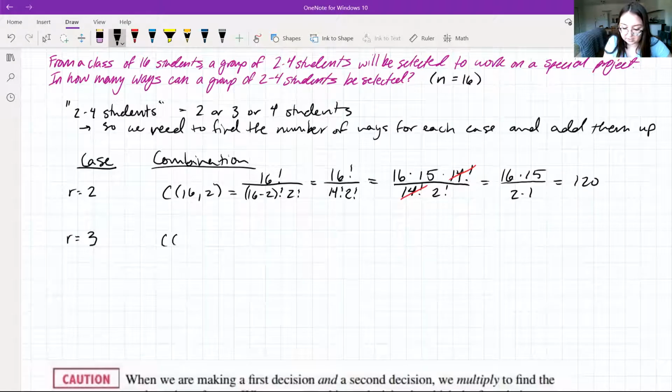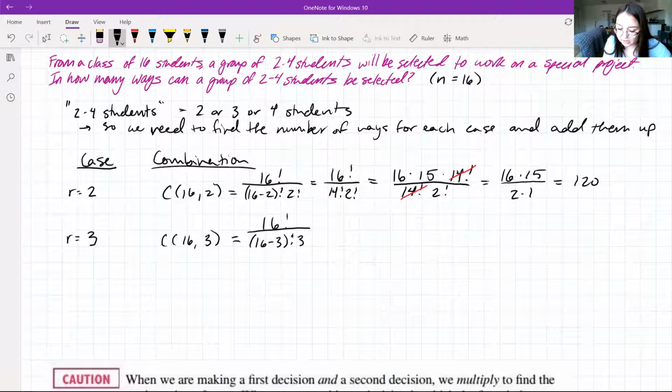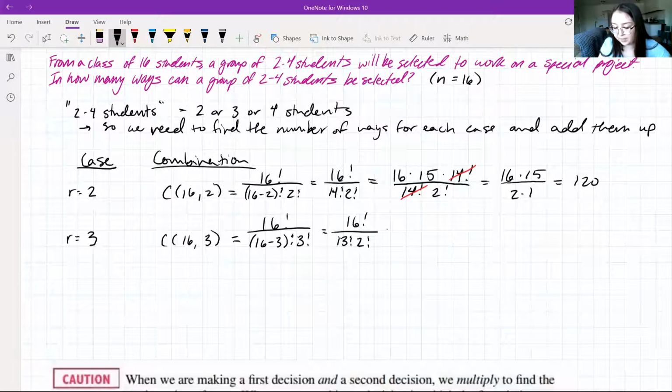This is going to give us C(16, 3) is equal to, and we'll do the same thing. We have 16 factorial divided by (16 minus 3) factorial times 3 factorial. This is going to give us 16 factorial divided by 13 factorial times 3 factorial.